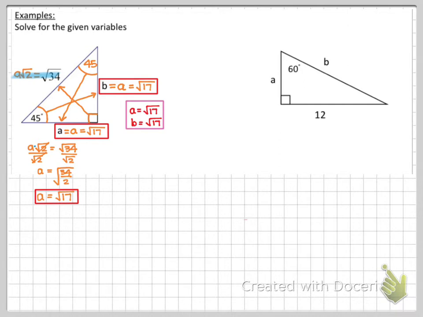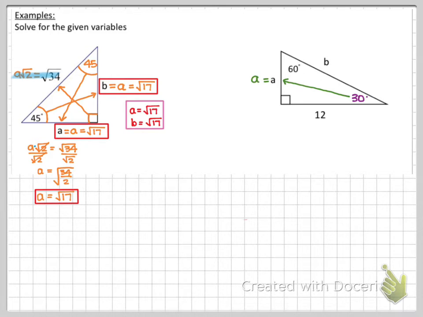Same idea. You have to identify what type of triangle this is. If I take a look, I've got a 60-degree angle and a 90-degree angle. Okay, using triangle sum, that's going to have to be 30. Now I'm going to do the exact same thing that I did previously, using the pattern that I know from this specific triangle. If it is a 30, 60, 90 triangle, I know that opposite the 30 is the shortest leg, and that is identified as a.